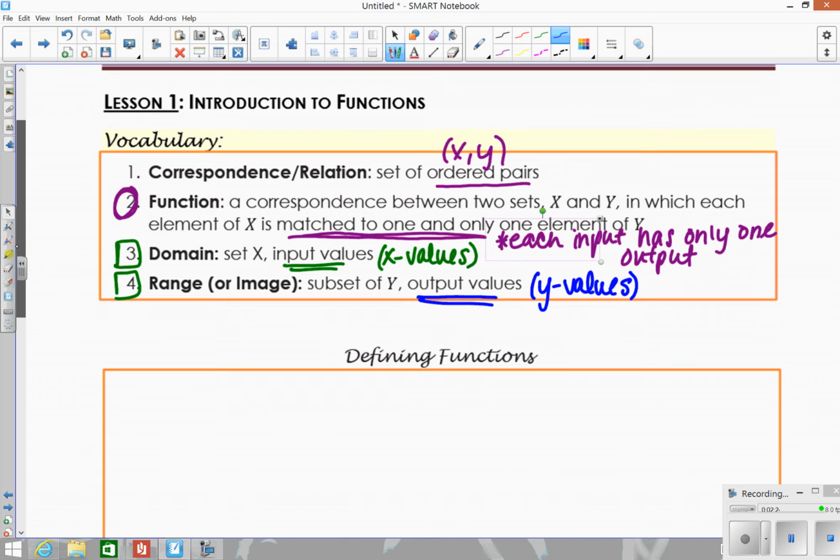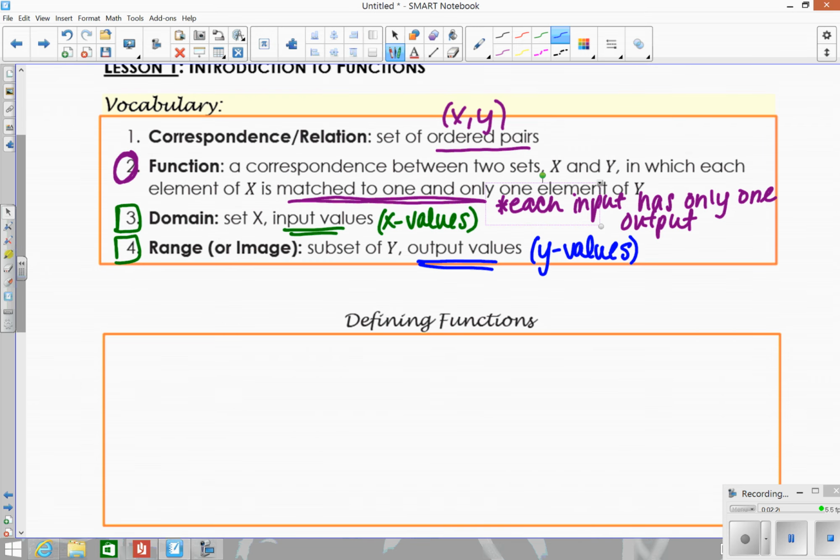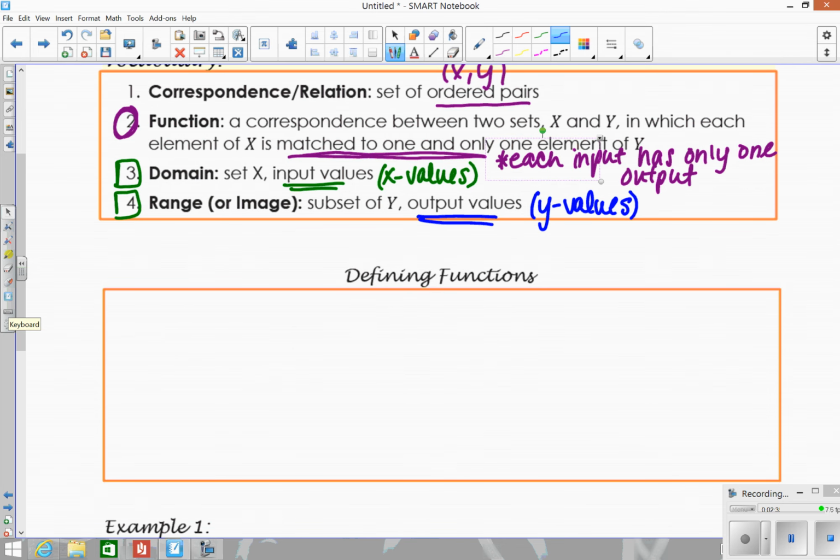Before we actually get into looking at equations and graphs, we're just going to look at some different scenarios. In order to do that, the first thing we have to know is how to define a function. We're going to use this notation where we let f, or some letter, represent the function name.